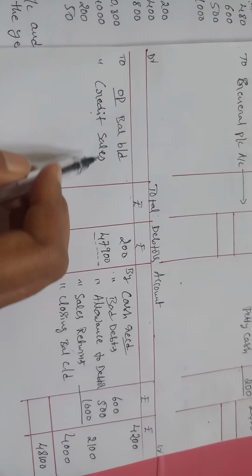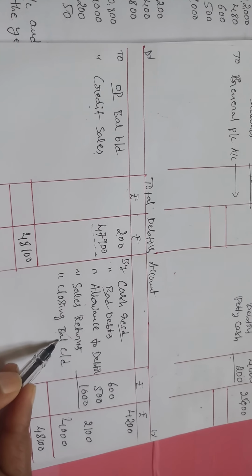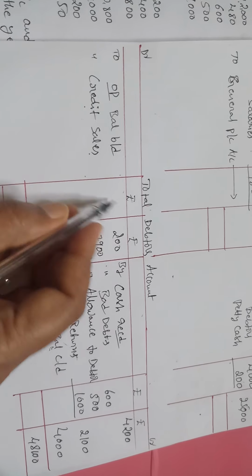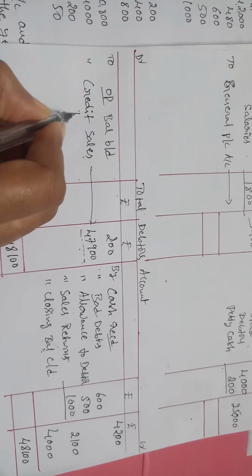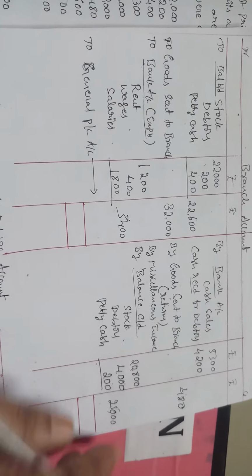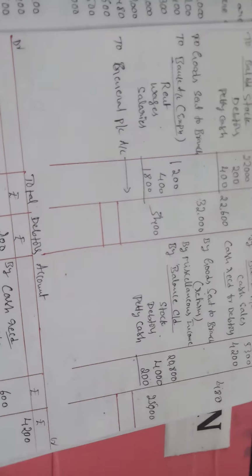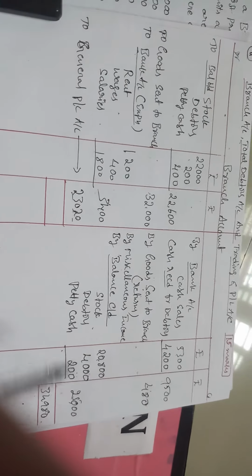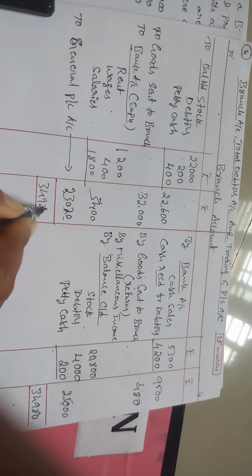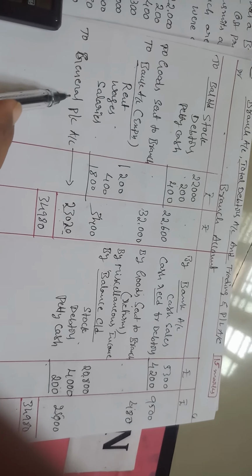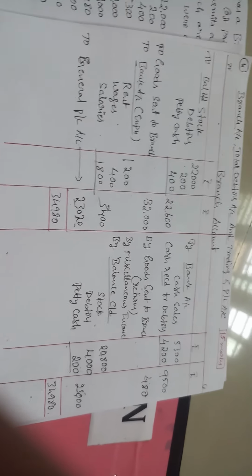Every time the balancing figure comes to the closing balance, but in this problem we get the credit sales as the balancing figure. Now I am closing the branch account. Branch account total 34,980, the difference figure 23,020 is transferred to general P&L account. So this is the branch account and debtors account.